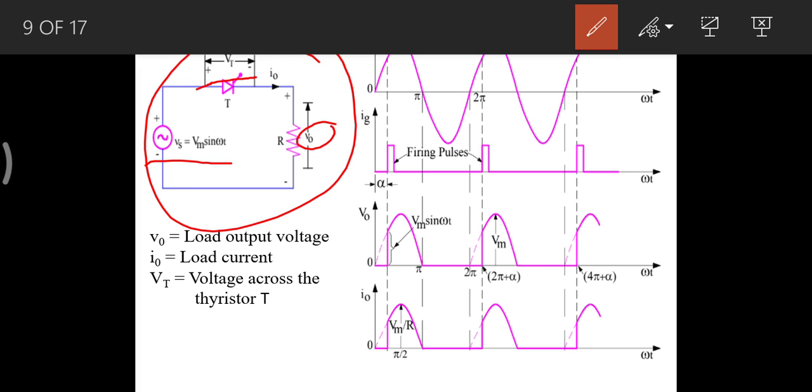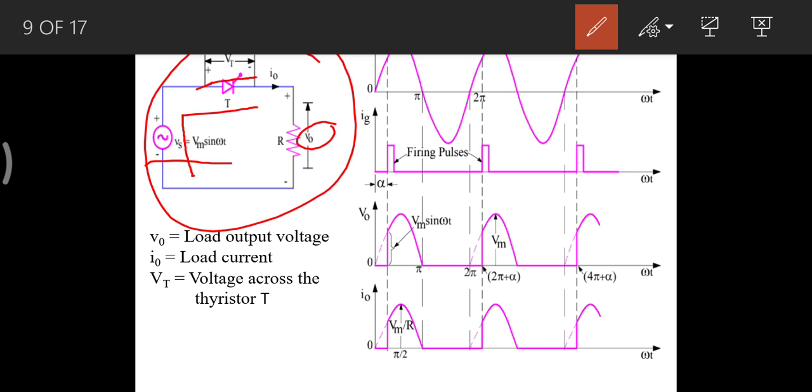Let us first see the working of this thyristor. We are supplying the input to the SCR, and the SCR is in reverse conduction mode up to the point when the gate signal reaches. Once this gate pulse reaches the SCR, at that time the SCR starts conduction.